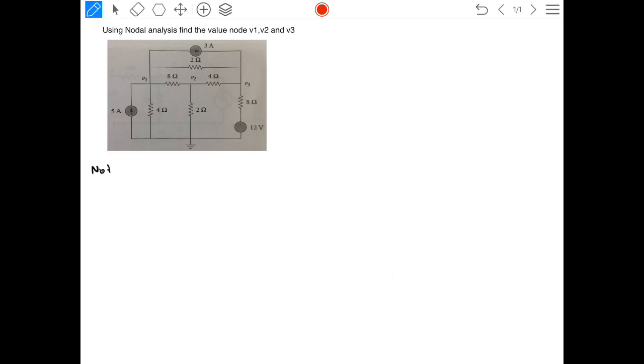For node V1, here we have a 5 volt. The nodal analysis is based on the current Kirchhoff law, where we can say the summation of I in is equal to the summation of I out.